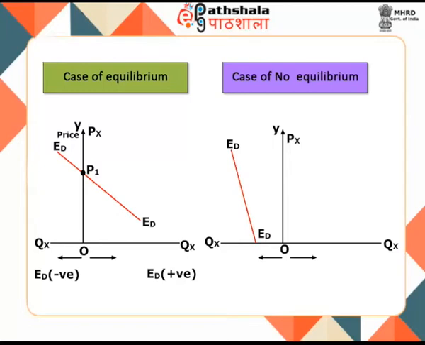For equilibrium to exist, demand and supply curves must intersect at some positive price. In case 2, no positive price exists at which excess demand is zero. Hence, no equilibrium. Even at zero price, excess demand is negative. Such a good must be a free good, that is, air.